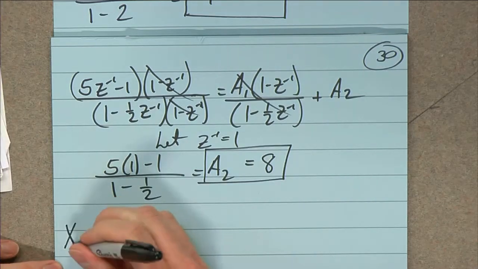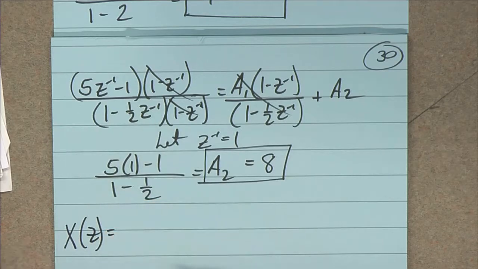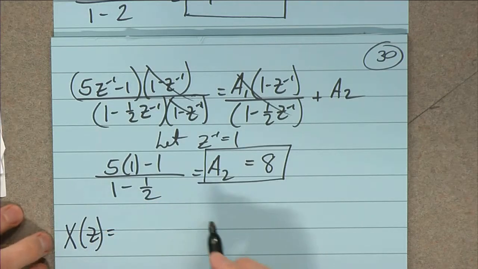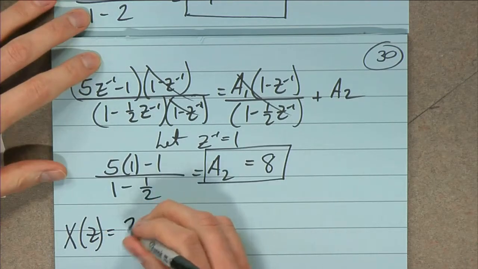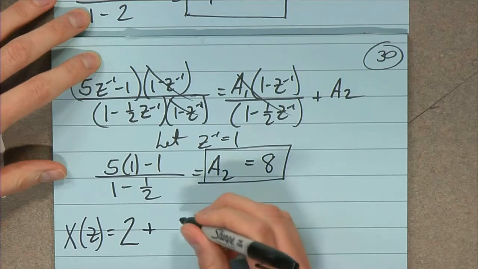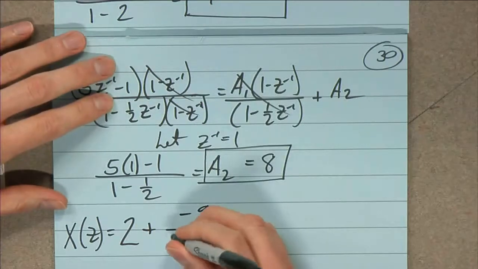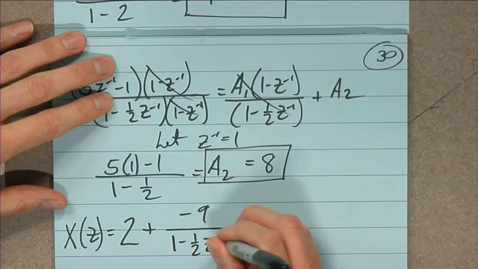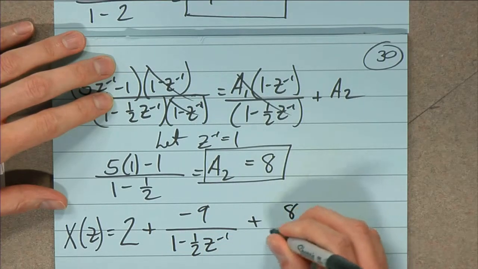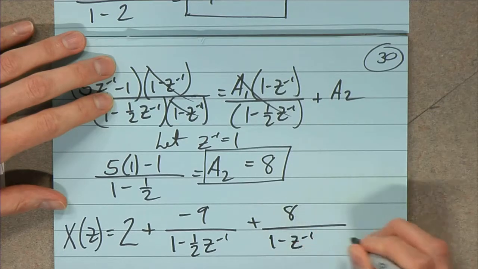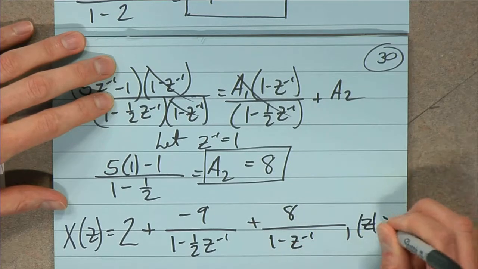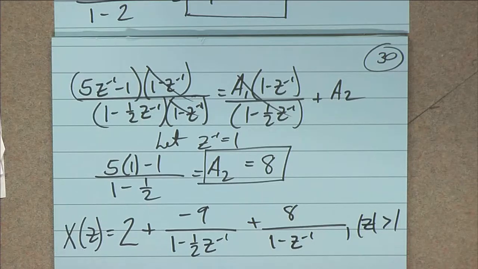So now we can just put it all together. We end up with 2 plus minus 9 all over that pole, 1 minus 1/2 z inverse, and finally plus 8 over 1 minus z inverse. And our region of convergence was that. So what does this tell us?